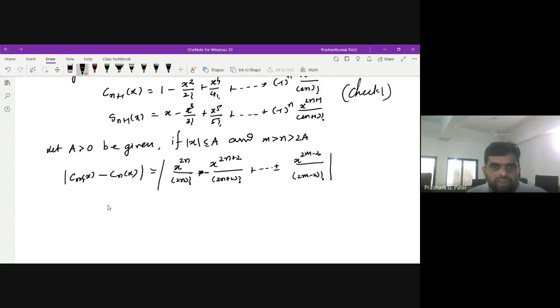Now, since mode of x is less than or equal to A, and using the triangle inequality, we can say this is less than or equal to.